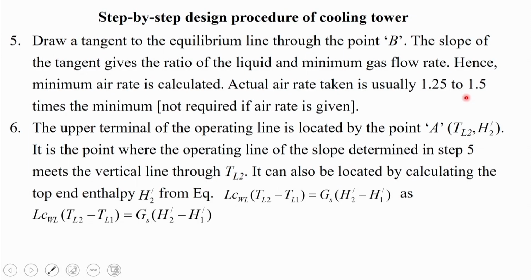Then the upper terminal of the operating line is located by the point A, from where the hot water is fed from the top of the cooling tower.